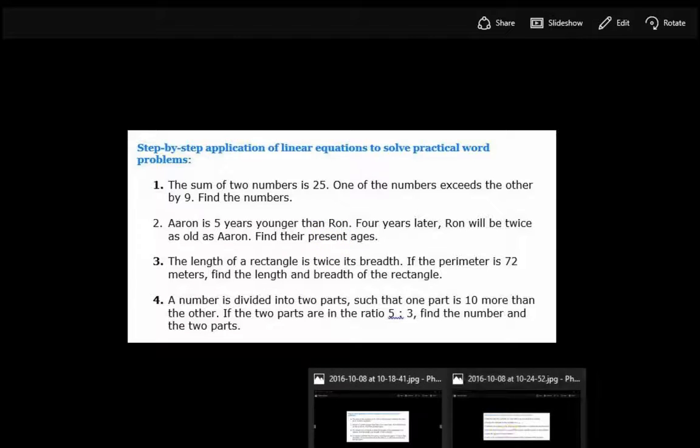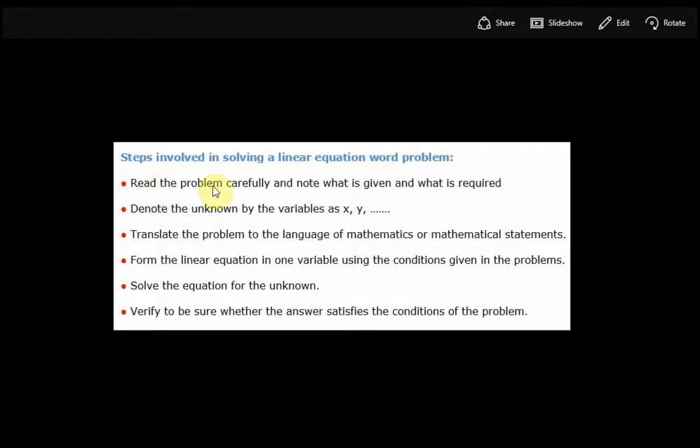So that's what I'm talking about here. Read the problem carefully and note what is given and what is required. Denote the unknown by the variables. We are going to do 1 or 2 examples and you will see. Translate the problem to the language of mathematics or mathematical statement. Form the linear equation in one variable using the conditions given in the problem.